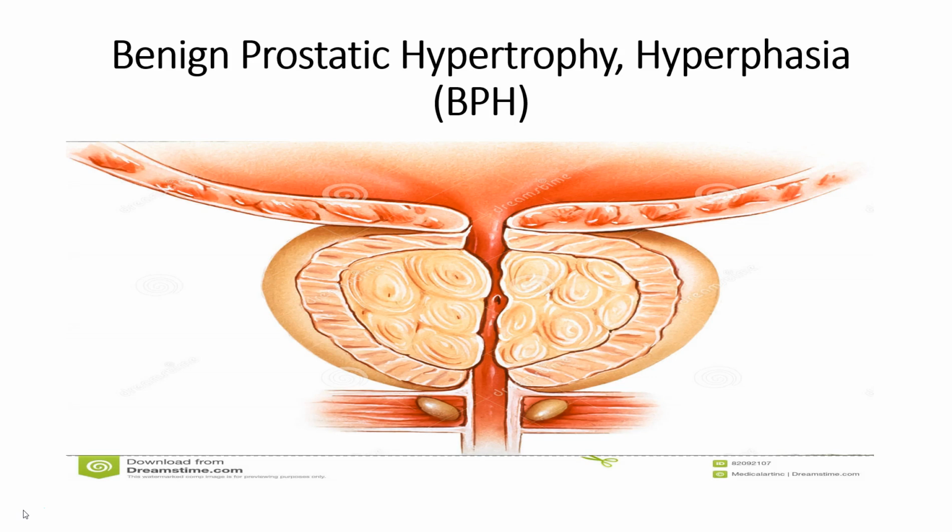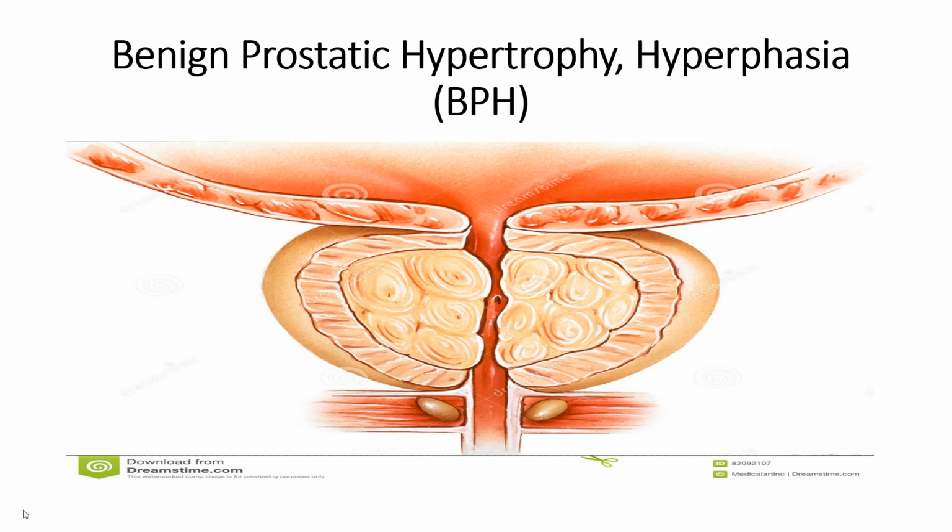Now it's from non-cancerous hyperplasia, which is the increased number of cells of the prostate, or hypertrophy, which is the increase in size of the cells. But if it's the increased number or the increased size, the outcome is still the same. That gland is going to get bigger, and it's going to block that urine flow.